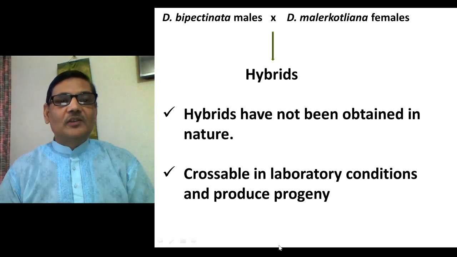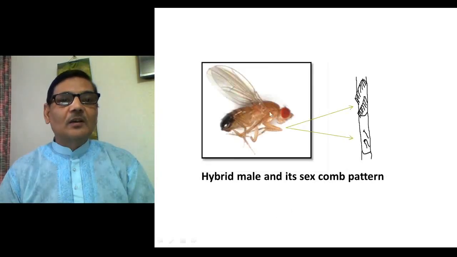These two species can be cultured in the laboratory and they can be crossed, and in such a condition you can get the hybrid flies. When you get the hybrid, the male individuals can be morphologically identified. See in this diagram, this hybrid male will have a black abdominal tip similar to malerkotliana.